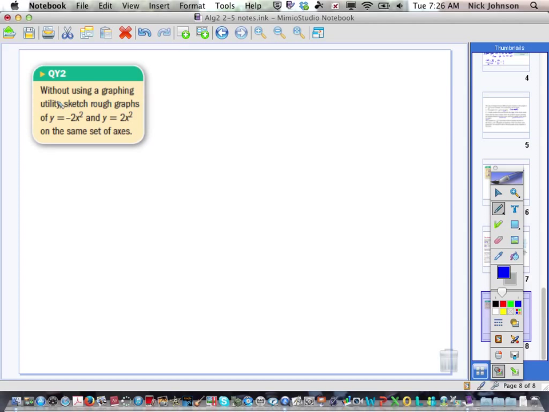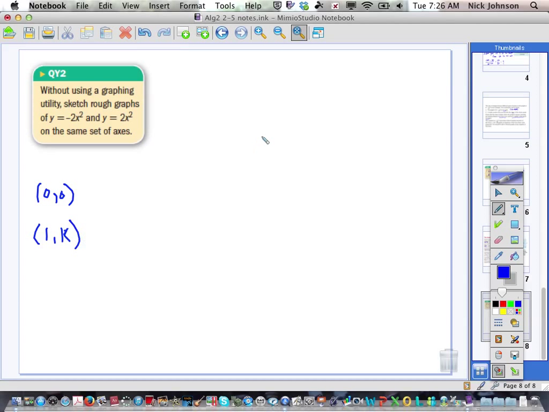Without using a graphing utility, sketch rough graphs of y equals negative 2x squared and y equals 2x squared on the same set of axes. If you remember, at the beginning of the lesson, they told us that two points on the graph are 0, 0 and 1, k.